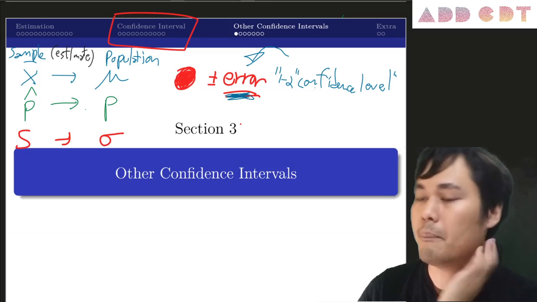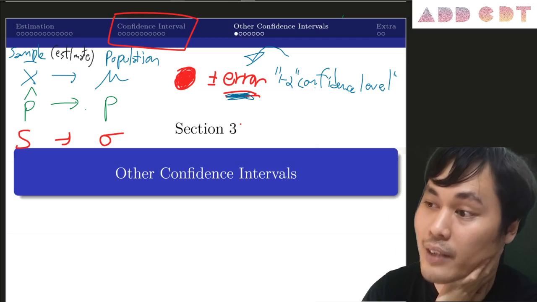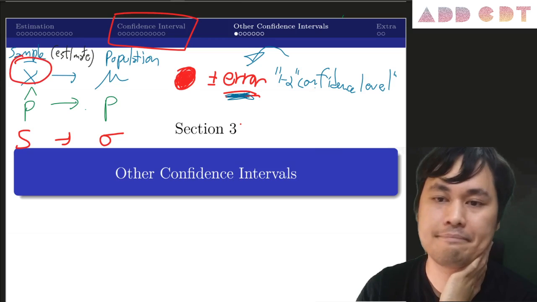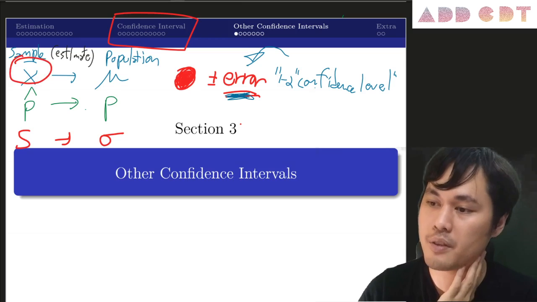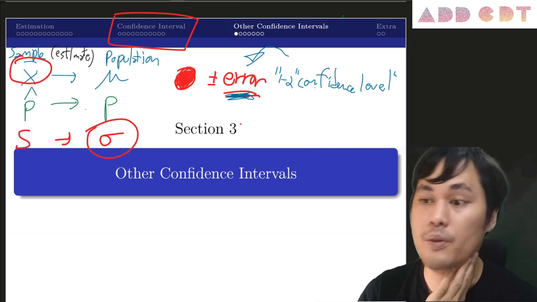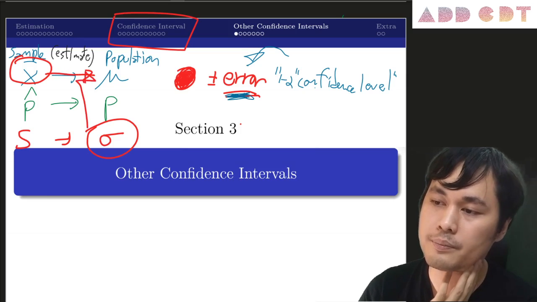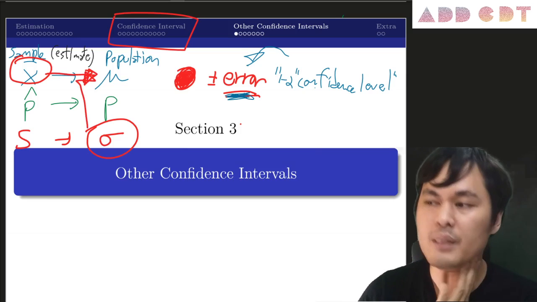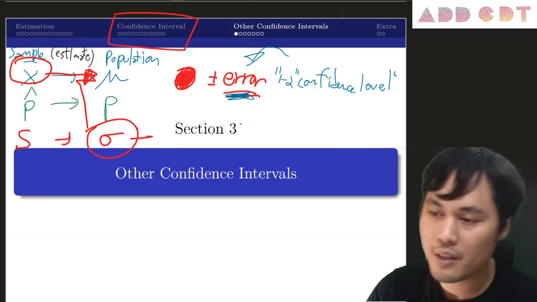By the way, in the first problem, you may notice something weird: we use this x bar, we use the sample, and what else do we use? We use sigma. We use these 2 parameters to estimate the population mean. You can see the problem: if we don't know the mean, then how can we know the sigma?